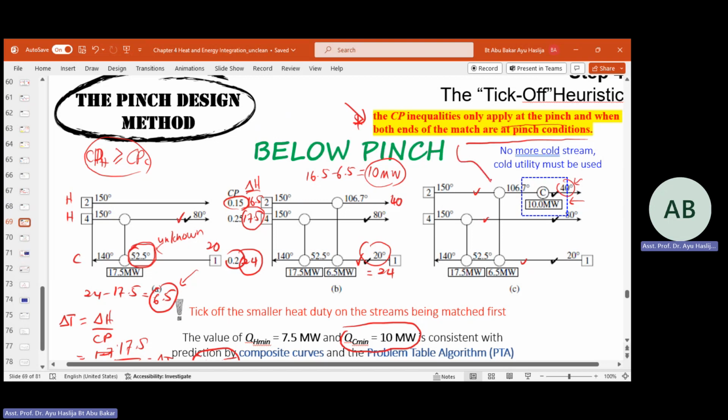So this statement explains the exchange from stream 2 to stream 1.